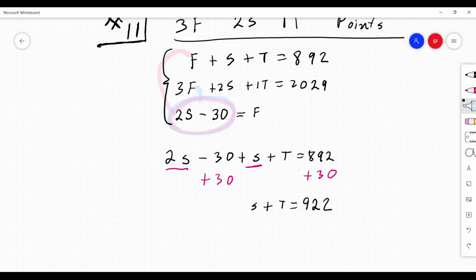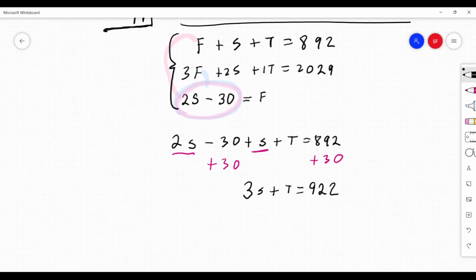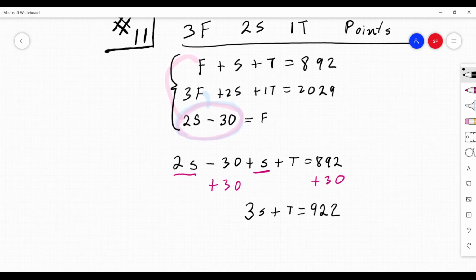Because 2 plus 1, I accidentally wrote 30. When you combine like terms, you get 3S, not 30S. I accidentally made a mistake. So whenever we're doing this blue bit, we're plugging that in there, plugging it in for F right there as well.